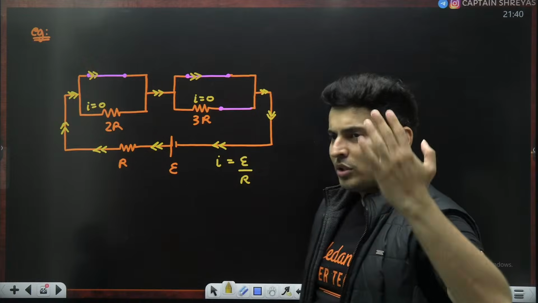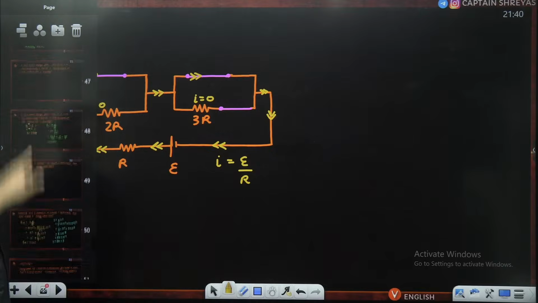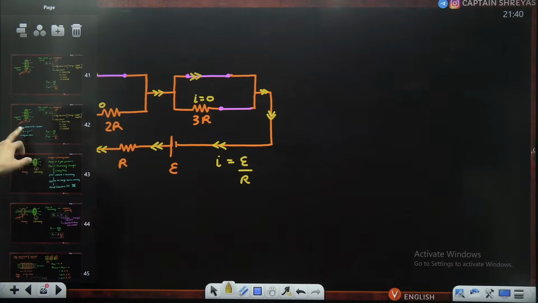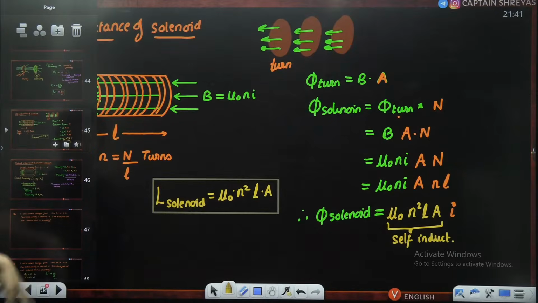So I think most of the concepts we have covered, but sometimes you might see that in electromagnetism, they will use this concept of, where did we go? Self-inductance, right? We learned this.